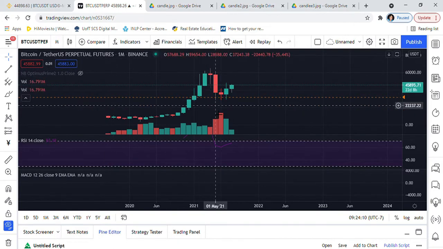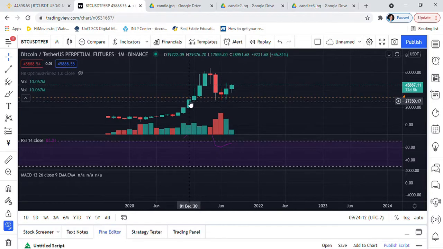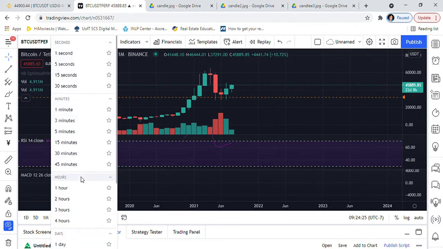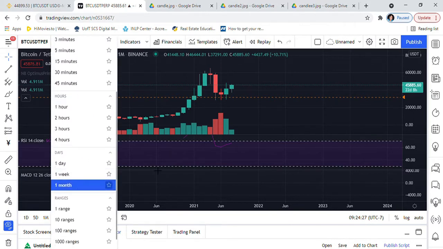The chart I'm looking at right now is on the monthly time frame, and to choose the time frame, you go on TradingView at the top right here where I'm hovering. This is how you can switch into different time frames.